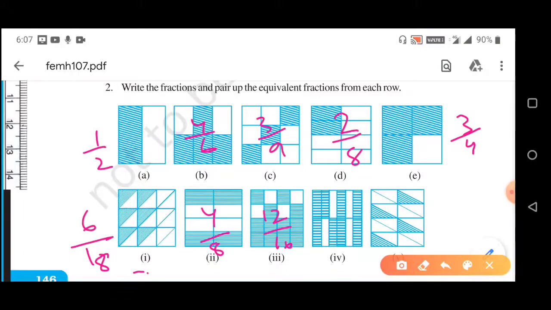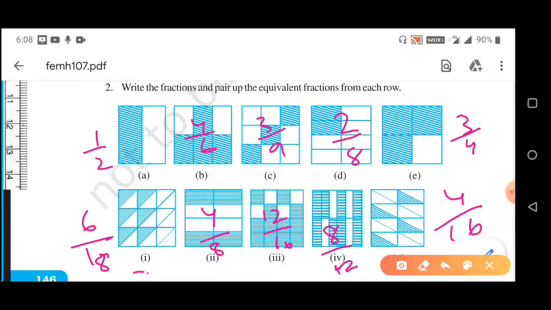Here it will be 8 by 12. And here, 1, 2, 3, 4, 5, 6, 7, 8, 9, 10, 11, 12, 13, 14, 15, 16, 4 by 16.